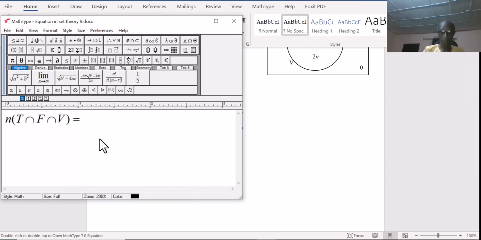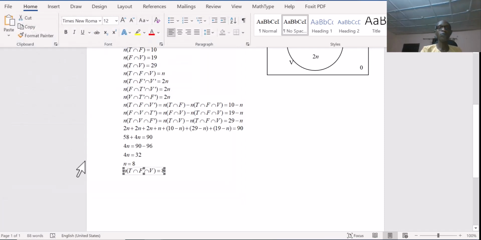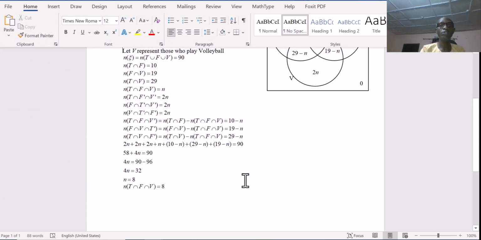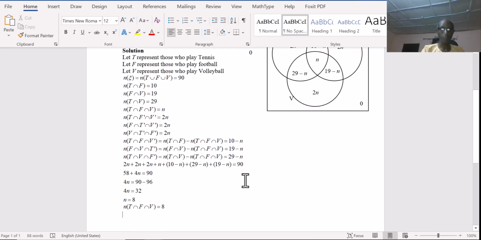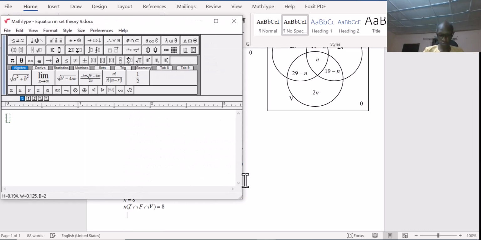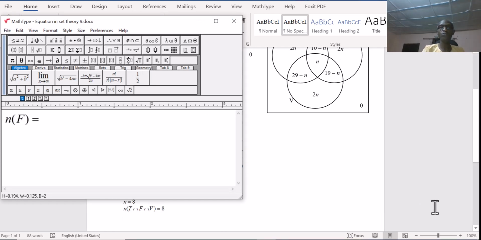That's 8. Now, since you have gotten that, the next thing is to find all those who are playing football all together. Those who play football all together, that means NF. So we go to the circle of football.